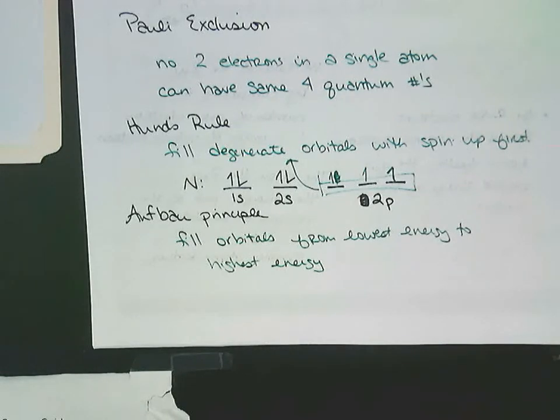It would ask you for the orbital diagram, and then where's the best place to put these 2 electrons, and we think it's going to be 4s or something, but apparently it's not.